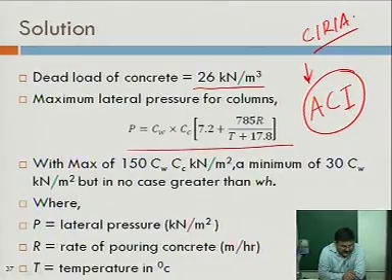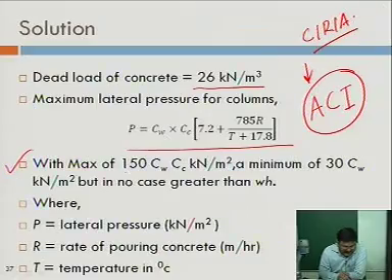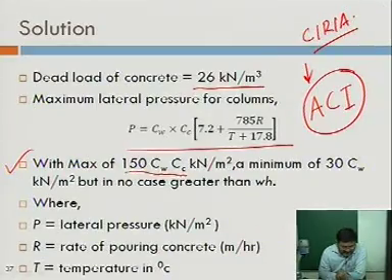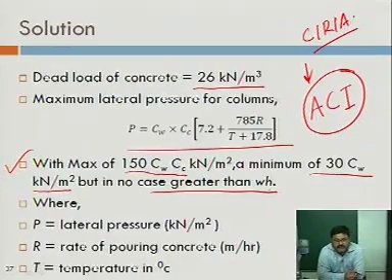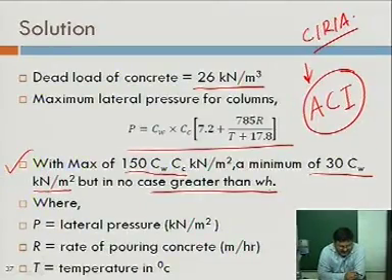The only condition is this should not result more than 150 Cw Cc or a minimum of 30 Cw kilonewton per meter square, and in no case should be greater than w into H. I have already explained you the reasons behind this information.